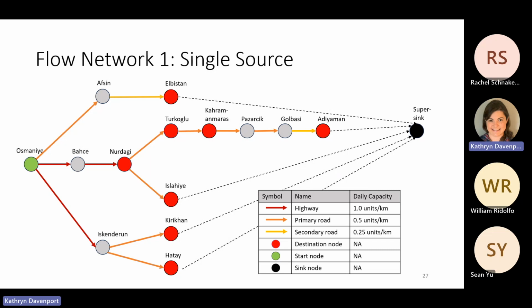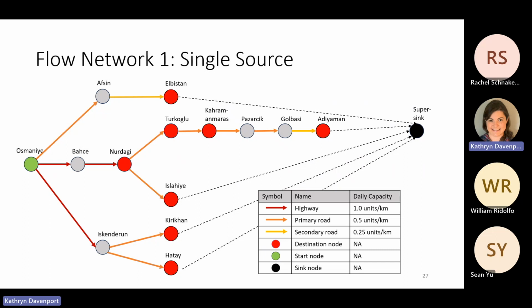This slide shows the network representing the single source flow network from Osmany to all destination locations. So the red nodes are those destination locations, the green is the start node, and the gray nodes are transit nodes.